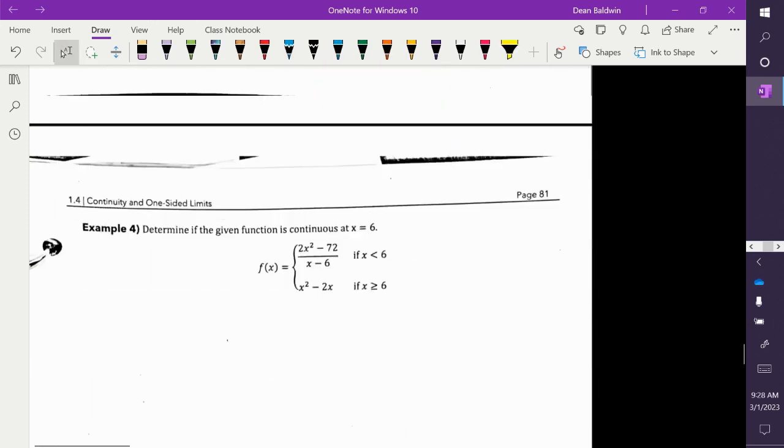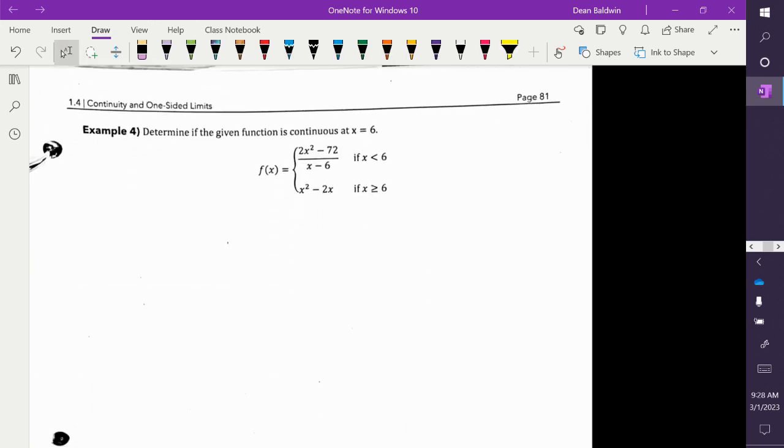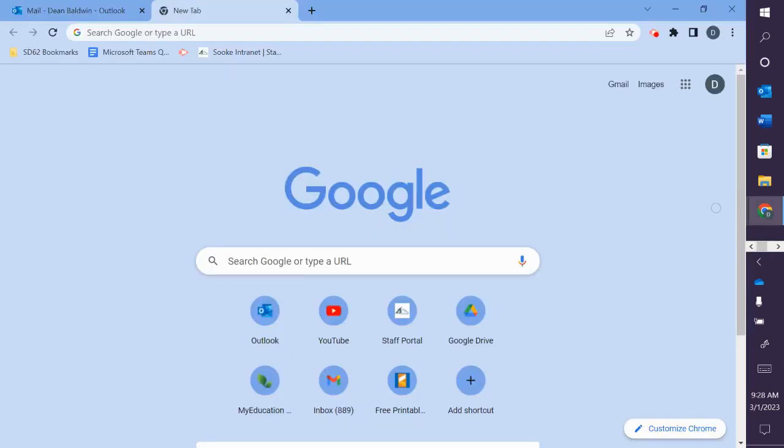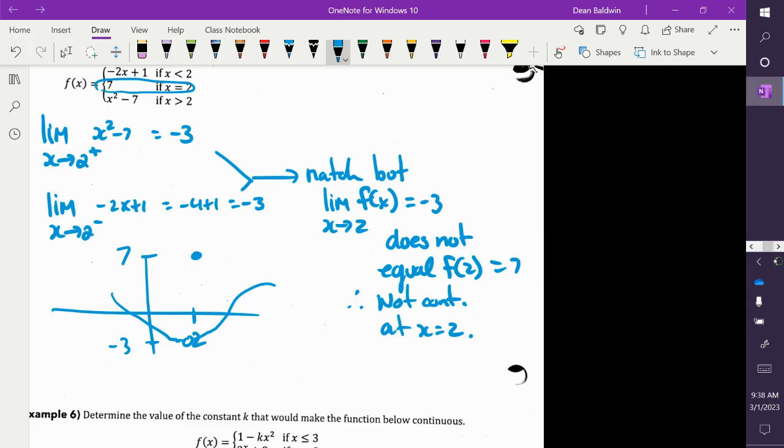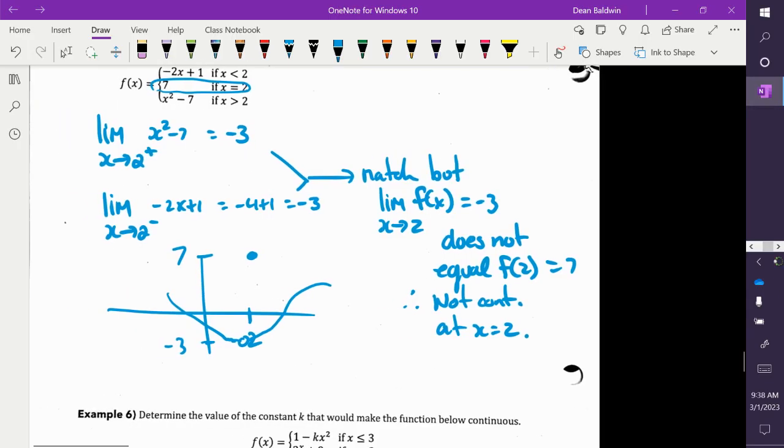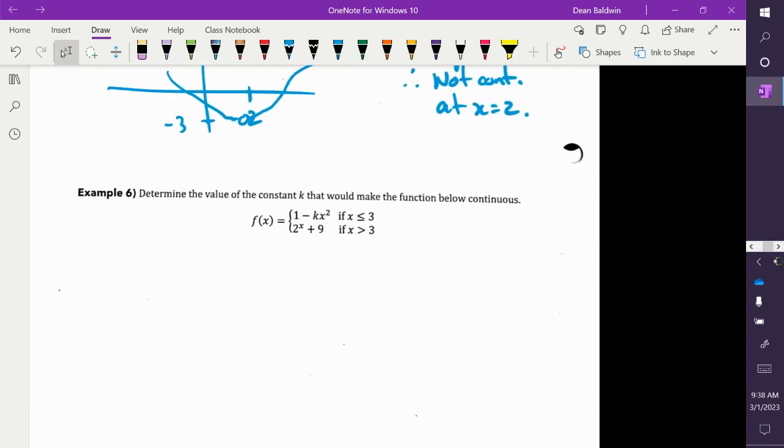We're not going to do that. Tell me if that function's continuous, please. We okay with that? Okay. This is a standard question too. Determine the value of k that would make this function continuous.